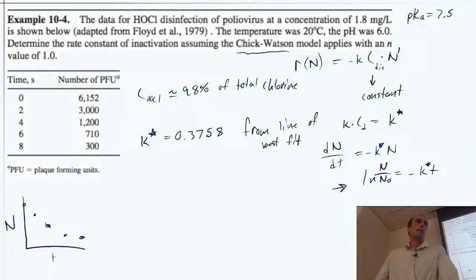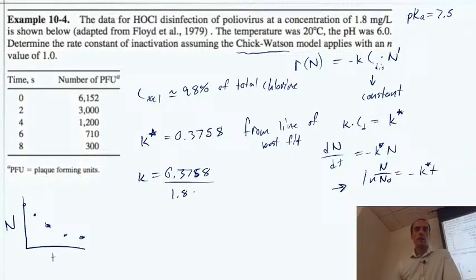Good with that? All right, so from there we could calculate k. K would be 0.3758 divided by our 1.8 milligrams per liter.